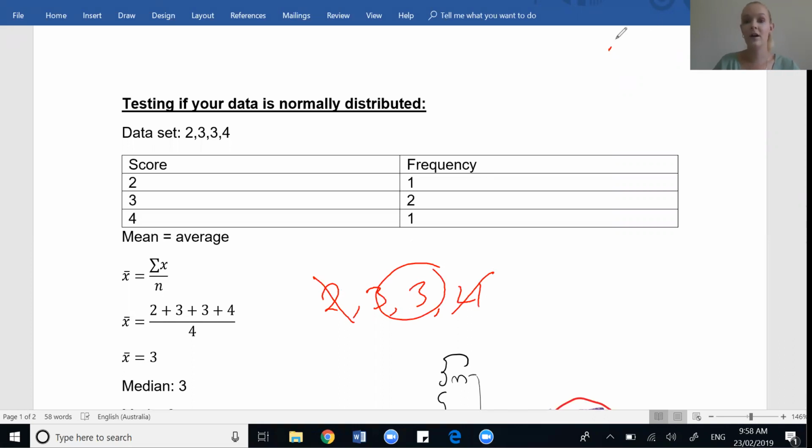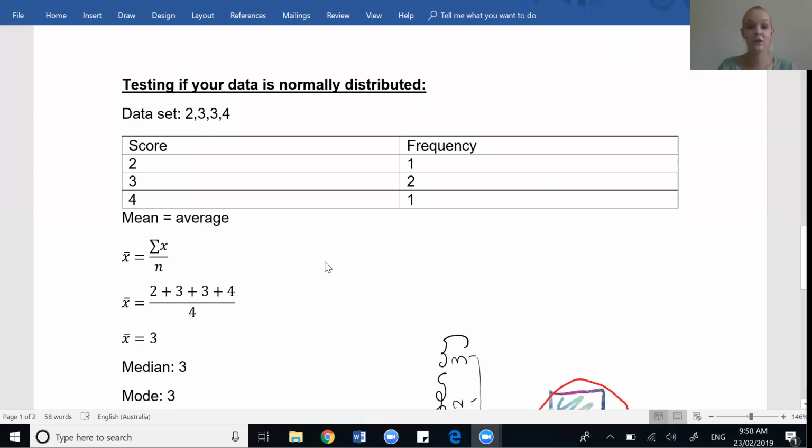So we're in the right direction for saying that our data is normally distributed. To definitely check though, we're also going to look at the mode. The mode is the most frequently occurring number. If we look at our data set, we can clearly see that 3 occurs twice, whereas 2 and 4 only occur once, making 3 our mode.